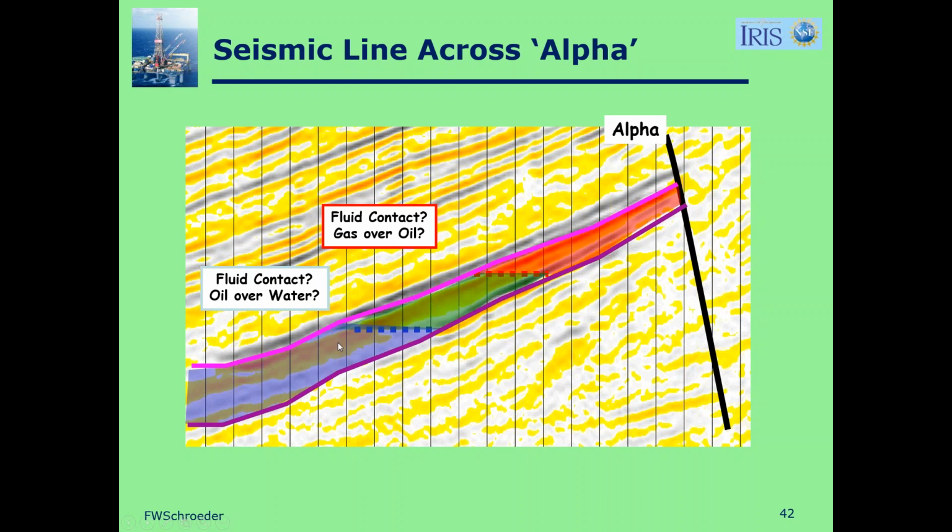So if there are two fluid contacts, it gives me a good handle on how far down dip the gas is, and then I can calculate this volume and get the recovery amount for the gas. And I would have this portion of the trap filled with oil, and again, I could calculate the recoverable oil.